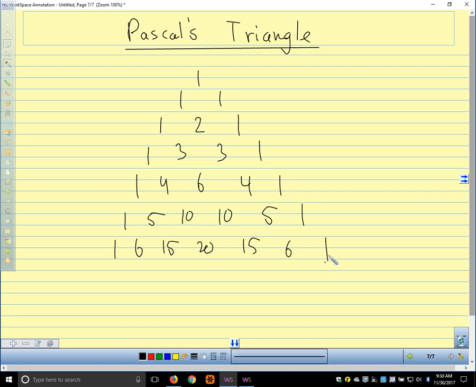So for what we're going to do on Friday, we'll label these by rows, and we call this the 0th row.